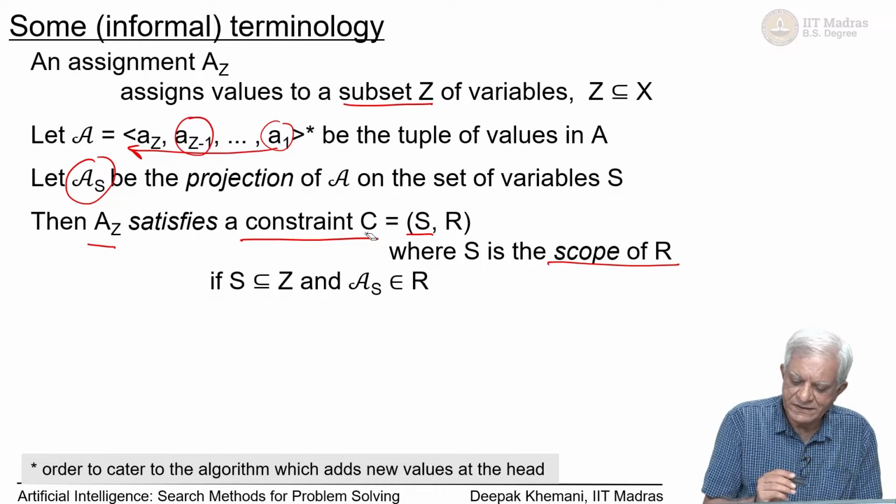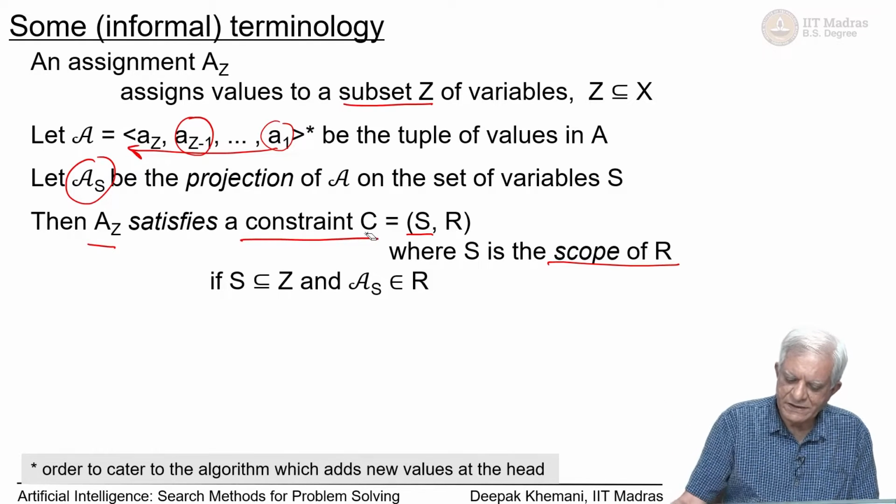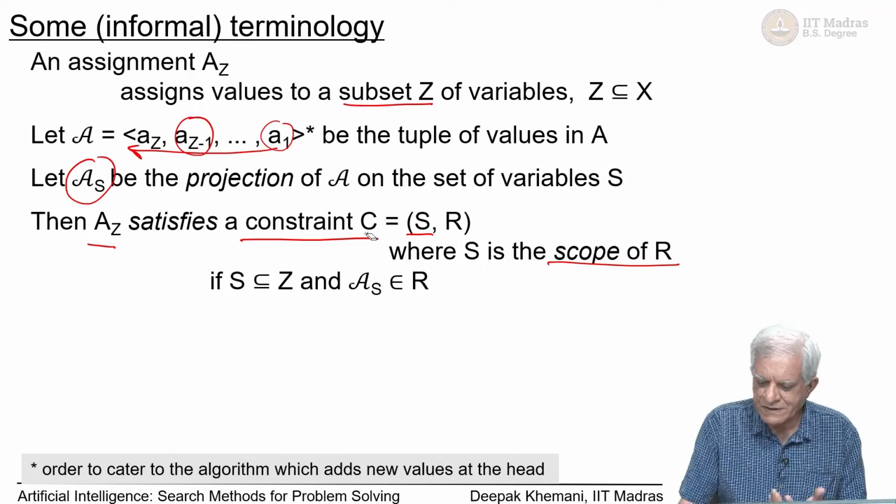The constraint C has a scope S, which is a subset of X, and R, which is the relation between those variables in the subset.